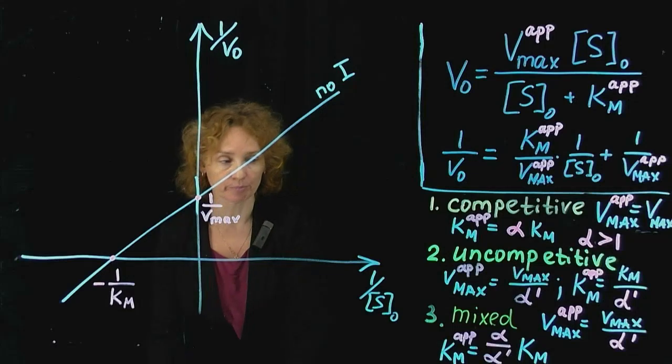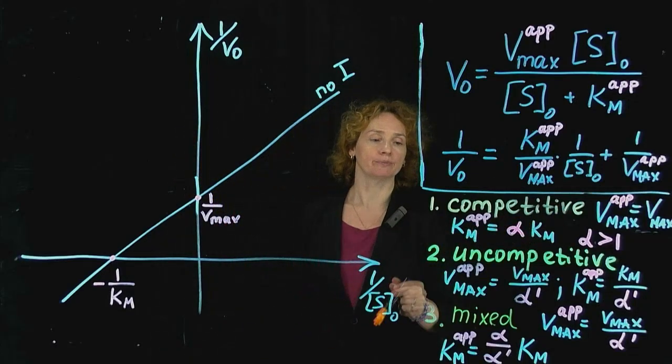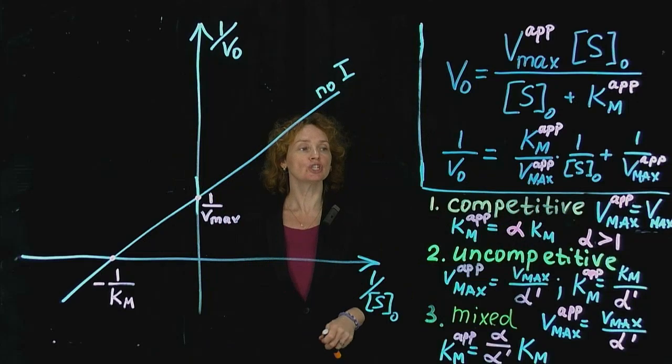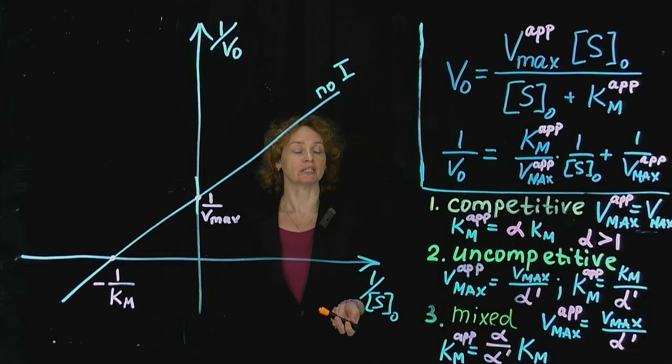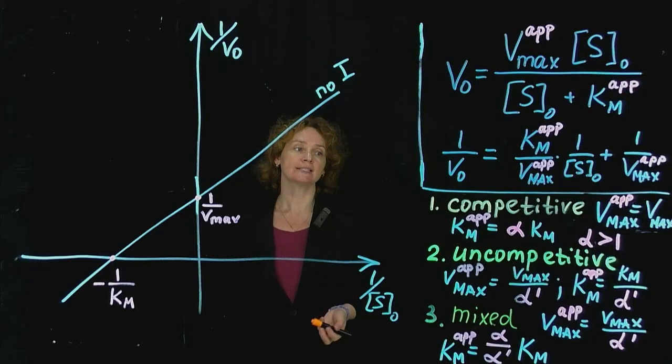What will happen in the presence of a competitive inhibitor? So competitive inhibitors will not change the maximum velocity of the enzymatic reaction, but they will increase the Michaelis-Menten constants.